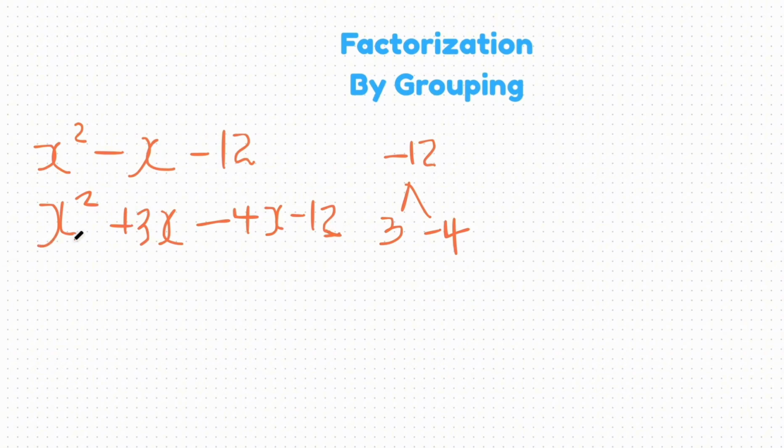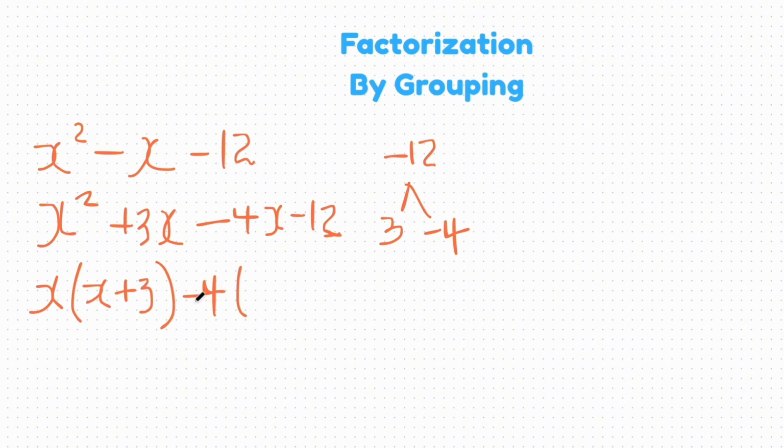So what's the HCF for x squared and 3x? The HCF would be x. x squared divided by x, we're left with x. Positive 3x divided by x, that's positive 3. Close bracket. What is the HCF for negative 4x and negative 12? That is negative 4.